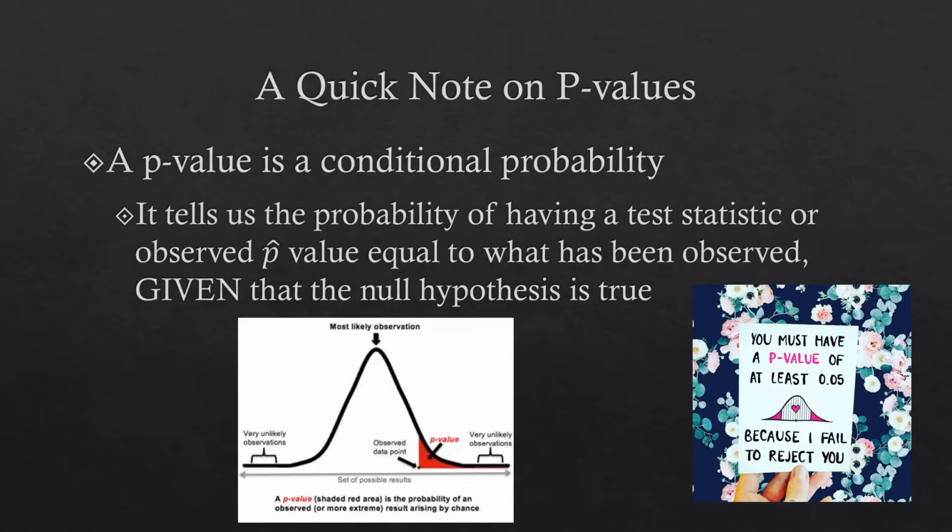So that's why when that p-value is below our alpha, typically 0.05 or 5%, that's when we reject the null. So just remember, a p-value is a conditional probability given or assuming that our null hypothesis is true.